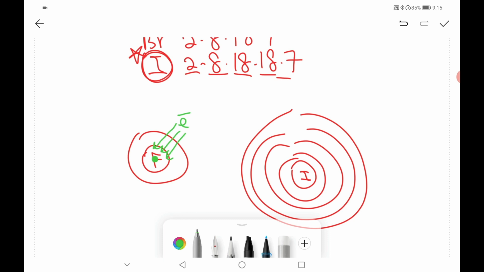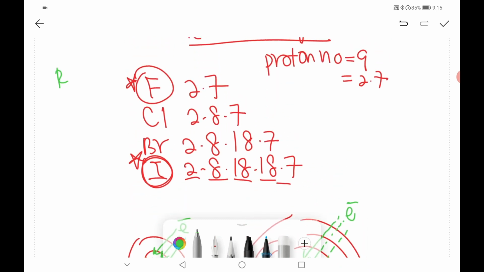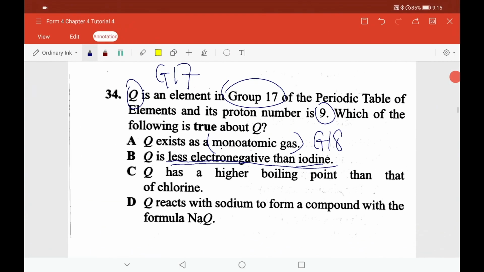If you compare with iodine, the electron is far away from the nucleus. When the electron is far away from the nucleus, the pulling force is very weak, so it's very hard to receive electrons. So now you know F can receive electrons more easily, so F is more electronegative. Now Q is actually our fluorine, right?